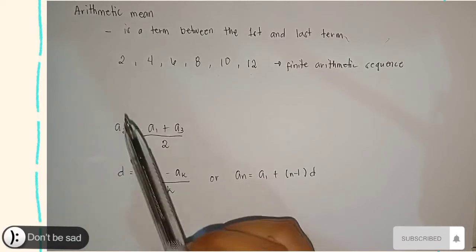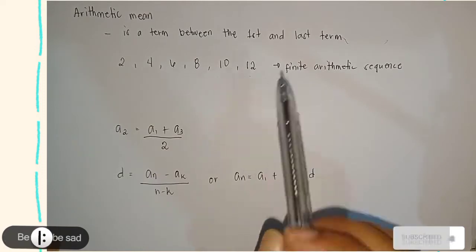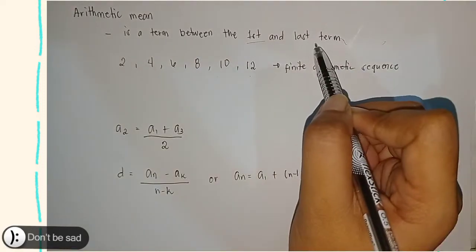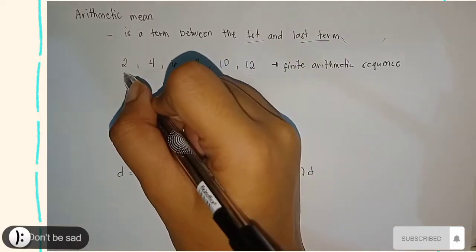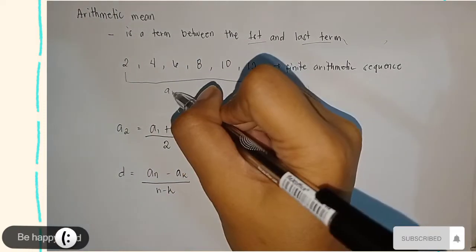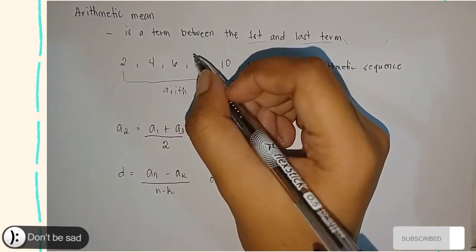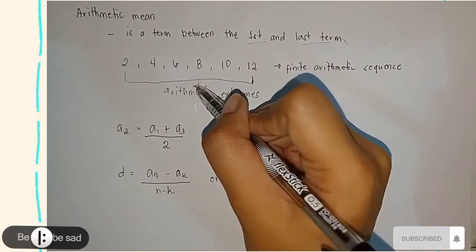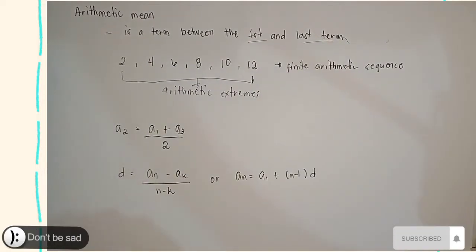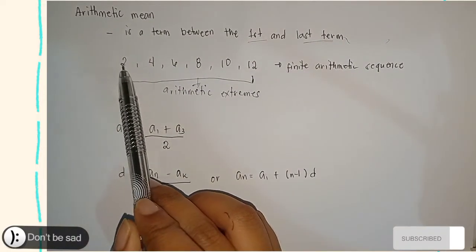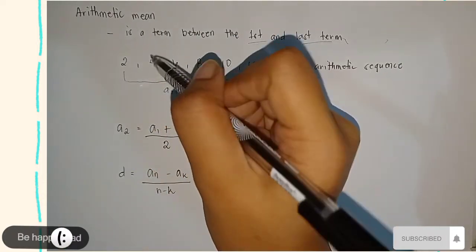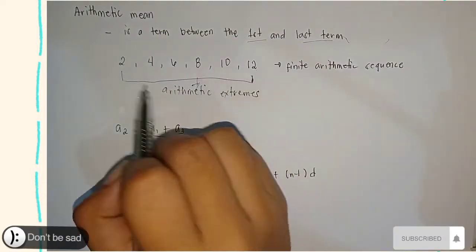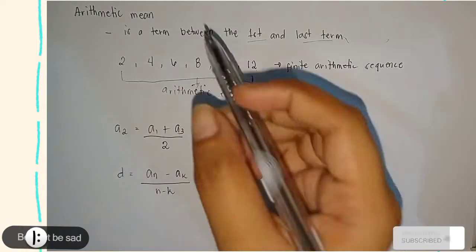Okay, so we have here 2, 4, 6, 8, 10, 12. So, ang tinatawag na first and last term, sila yung tinatawag nating arithmetic extremes. While yung mga terms naman in between the first and last term, like for example, 2 and 12 is the first and last term, they are the arithmetic extremes.